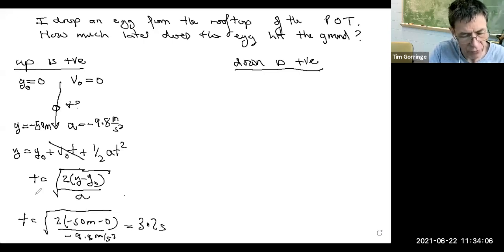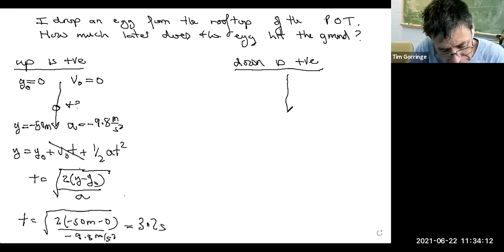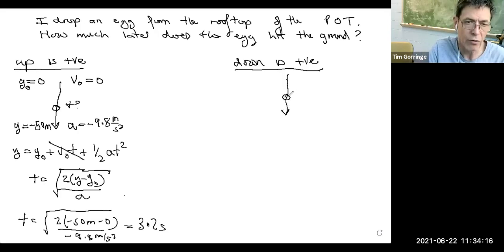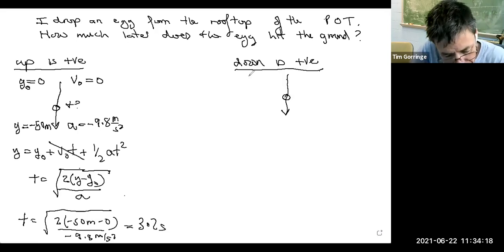And so that was solving the problem with the choice of upwards being positive. Now let's look at the problem with the choice of downwards being positive. Again, I would draw a picture of the falling egg. I would annotate the picture with the initial location, the rooftop. We'll call that 0.